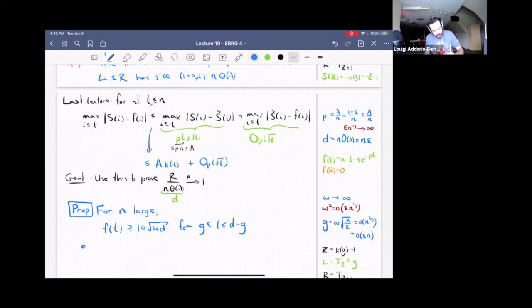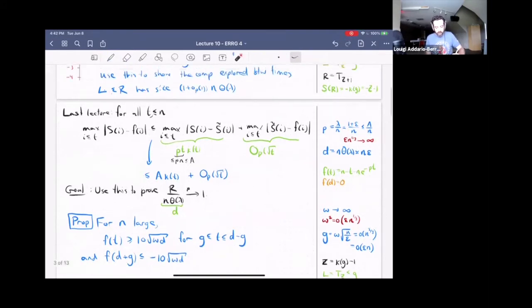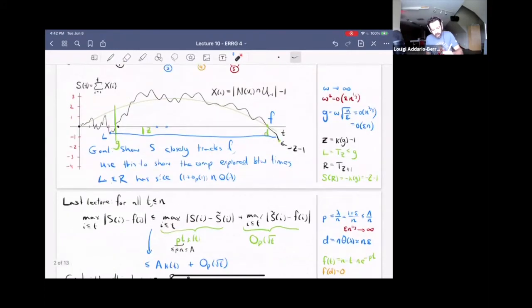Okay, and on the other hand, by time d plus g, F has dropped to much smaller than minus root t. And remember, omega is some function of n which is tending to infinity. So in this picture, we control this gap here.